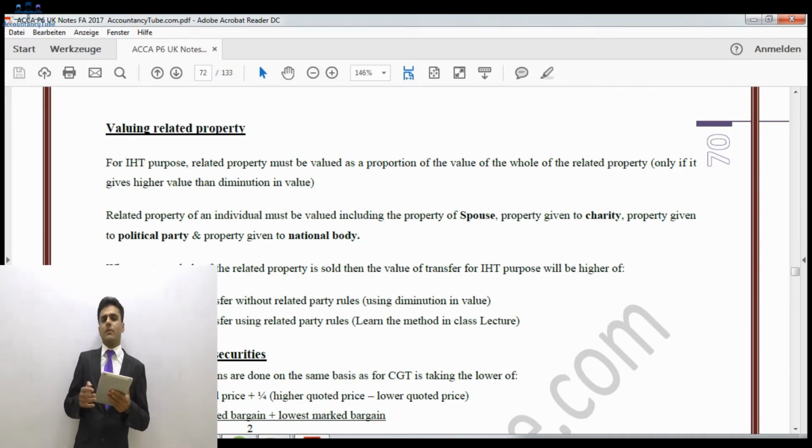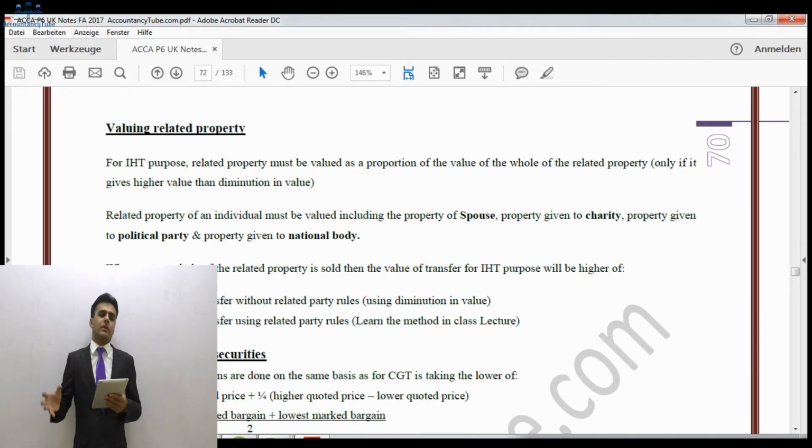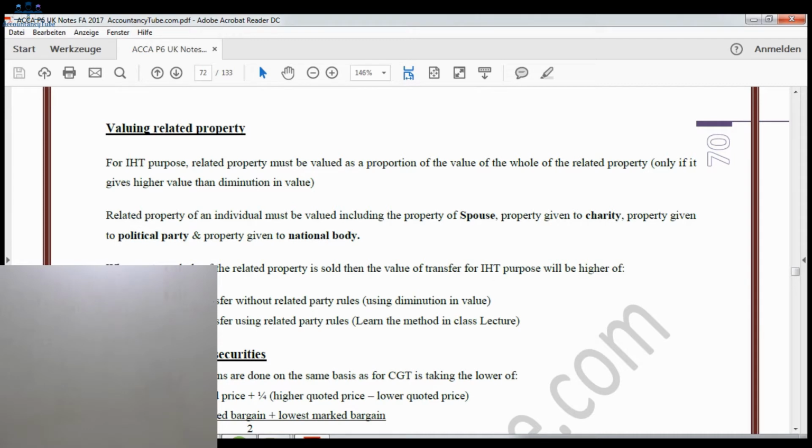So if any of them hold the shares in that company, then that will also be considered in the percentage of the transfer.